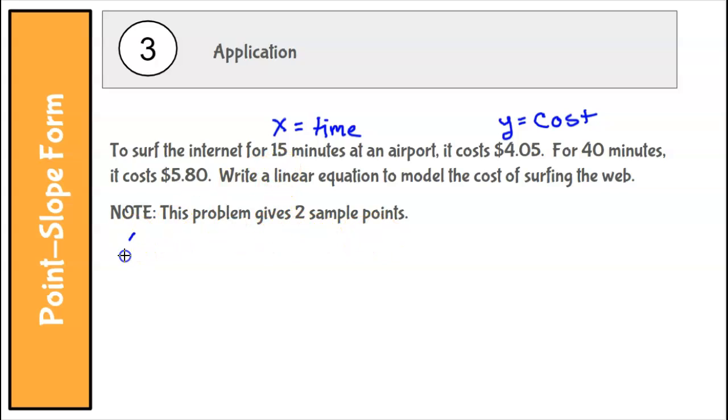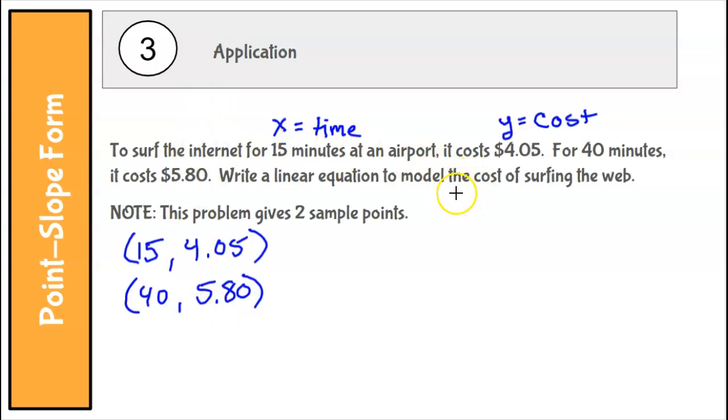We have at 15 minutes, it costs $4.05. At 40 minutes, it costs $5.80. We can use point-slope form, y minus y1 equals m times x minus x1, if we found the slope.